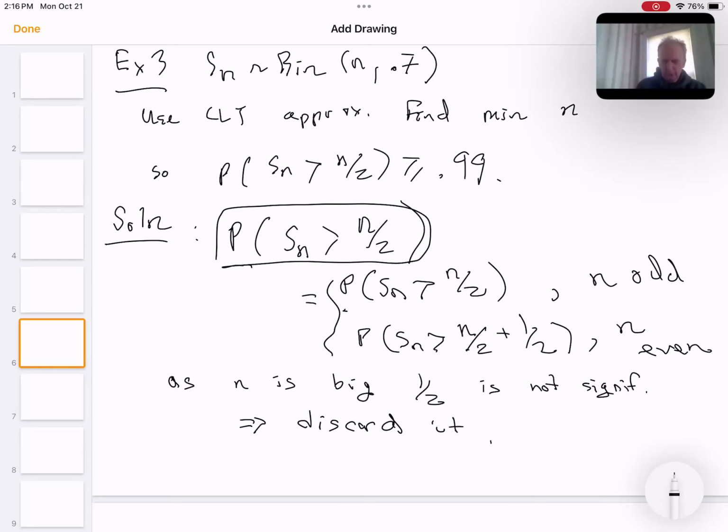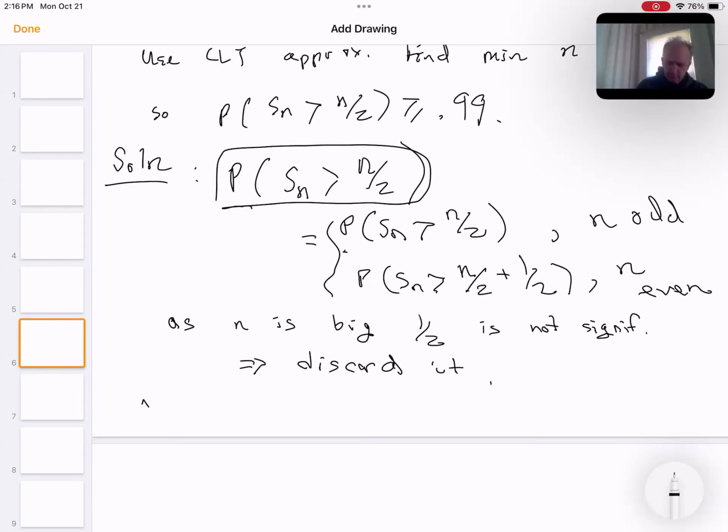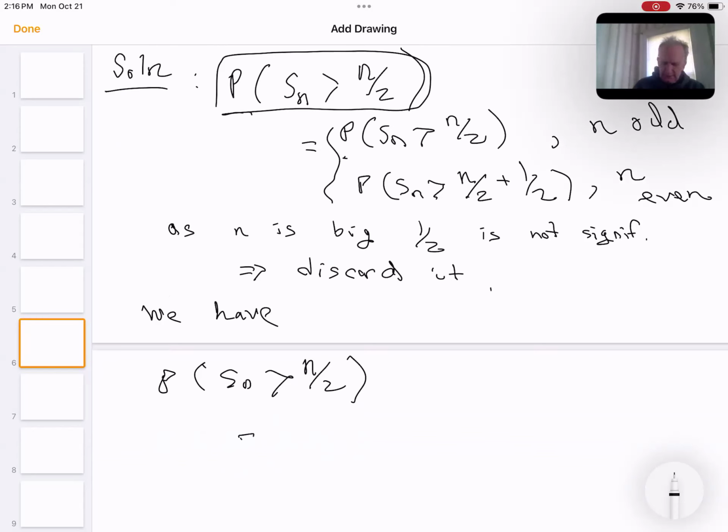Okay, so we have the probability that Sn is greater than n over 2. I standardize it: Sn minus 0.7n over the square root of 0.21n, right?